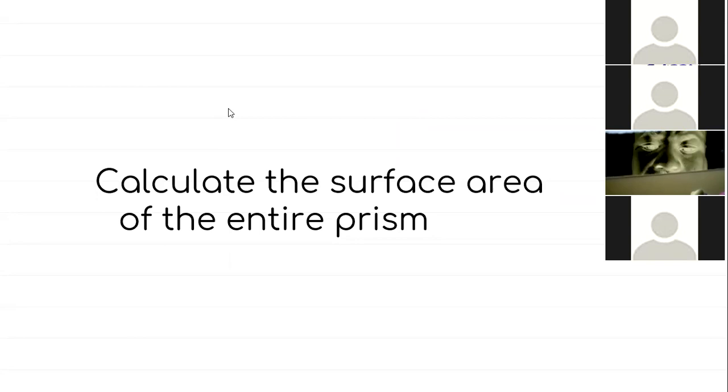So if you calculate the area of each and every face, and then you demonstrate your ability to ensure that you get the area correct, I think that is what we need.